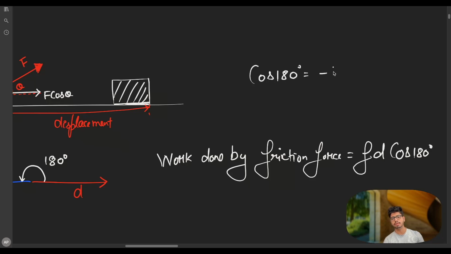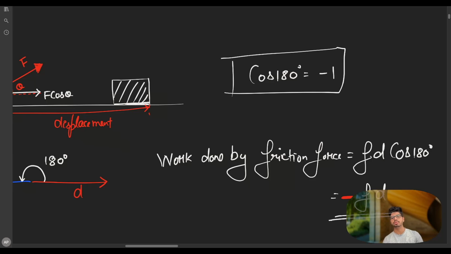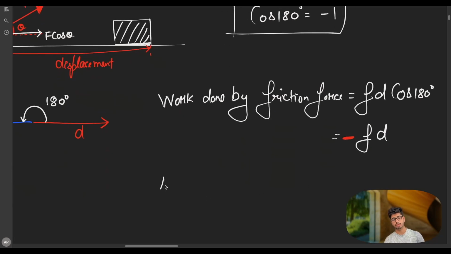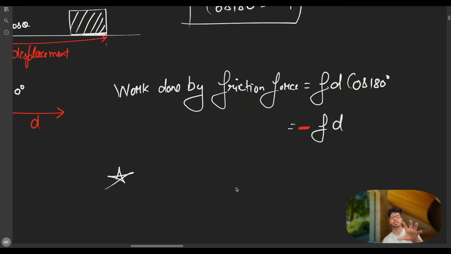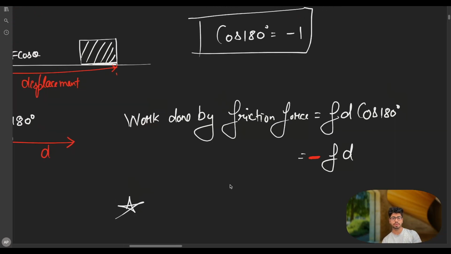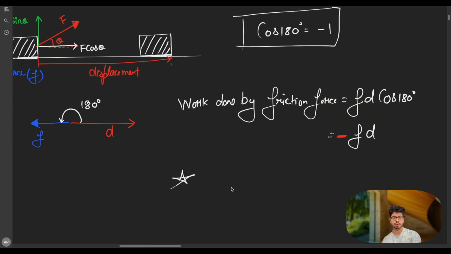Interestingly, it is -1. It means that work done can be negative also. So this is negative, and that is -FD, the work done by friction force. Work done by friction force is always negative. Please note it down. This is how you have to deal with it.